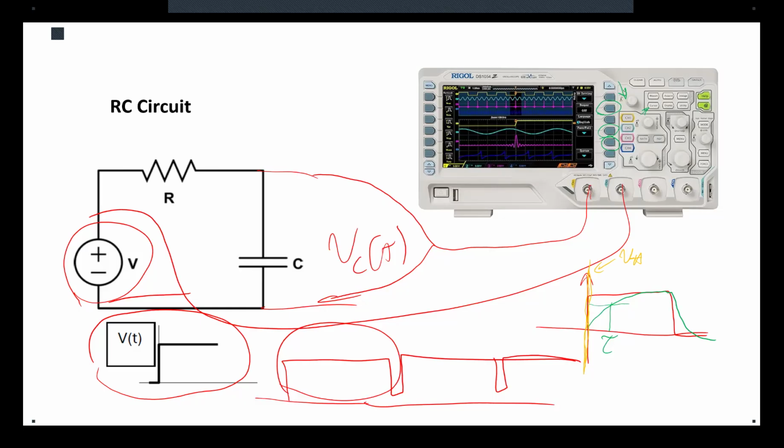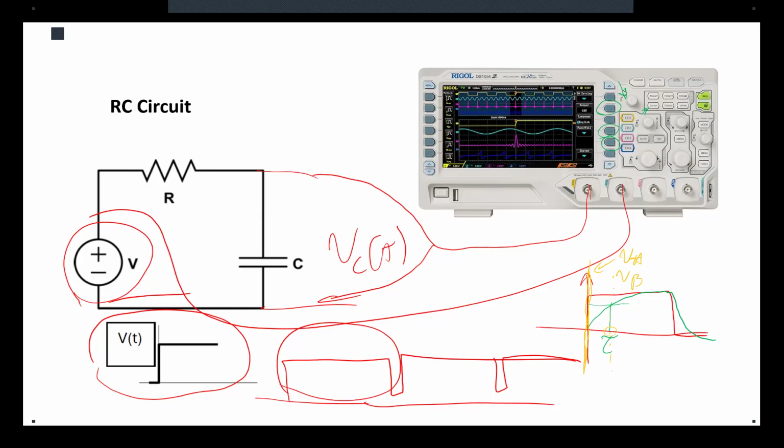Now you have another cursor, vertical B. You can move it around until you are at a time that you want.